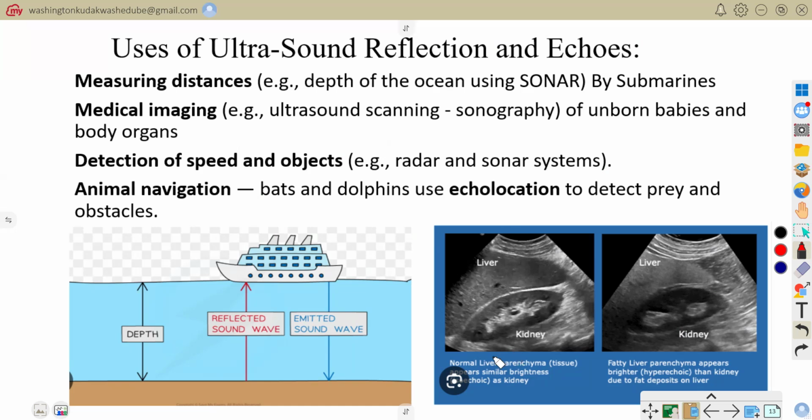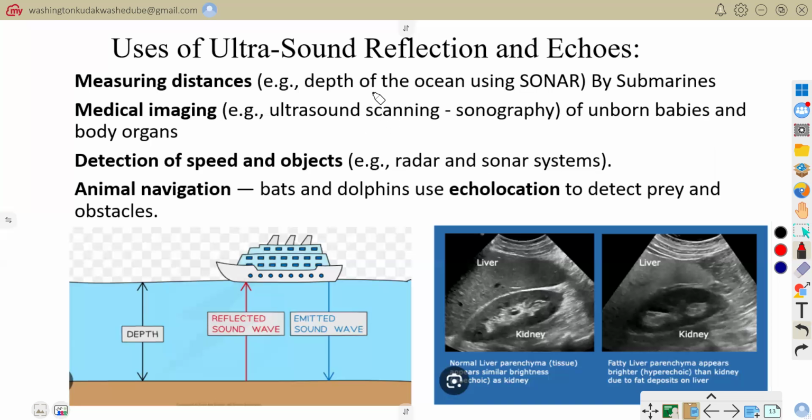So checking the normal liver or how fatty a liver can be, we can use ultrasound scanning. Or else we can also use sonography for monitoring the heartbeat of unborn babies.